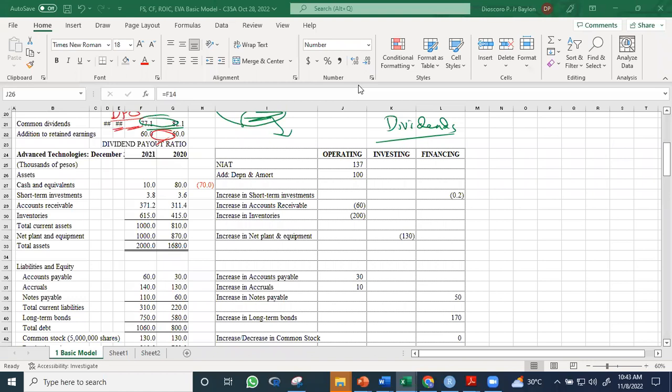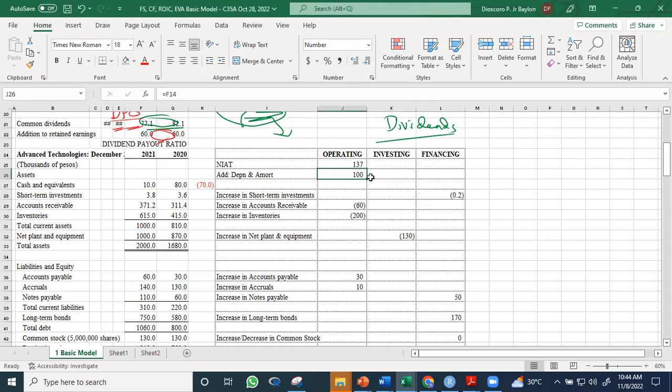So what do you think? What should we do, guys? We are overstated by this one. So we should what? Depreciation is 100. Therefore, we should what? What do I do with the 100 here? Class, answer please.